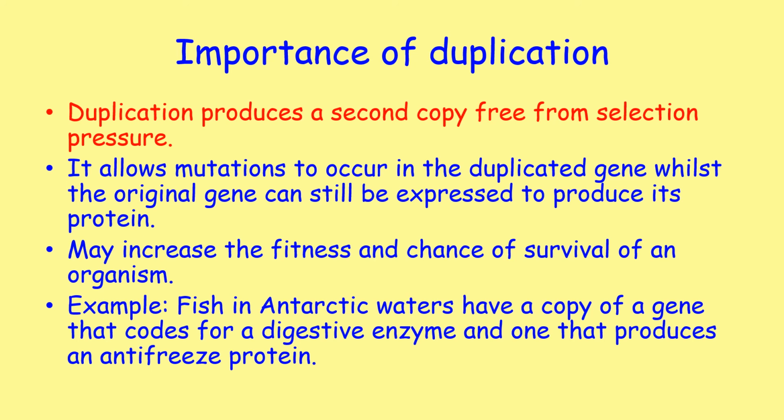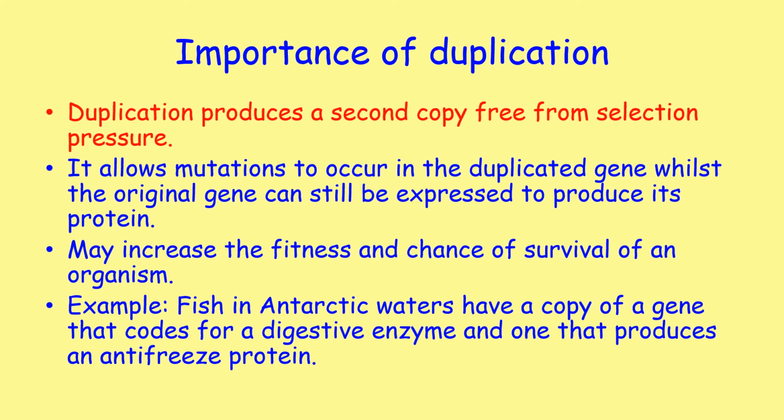However, when that gene gets duplicated, you have 2 copies of the gene. That means both genes could develop their functions, and this is exactly what's happened in the fish in Antarctic waters. Because that gene's been duplicated, one of the genes is producing the digestive enzyme, and it functions as a digestive enzyme.